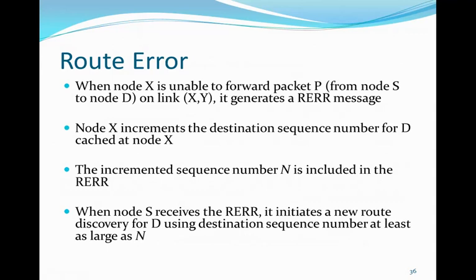For example, if there is a route error, then the sequence number will be increased and shared with the neighborhood nodes. When node S receives the route error, it initiates a new route discovery for D using a destination sequence number at least as large as N. So the destination sequence number will be increased, and the main reason is that every node receiving the route error message should know that this is fresher, more updated information.